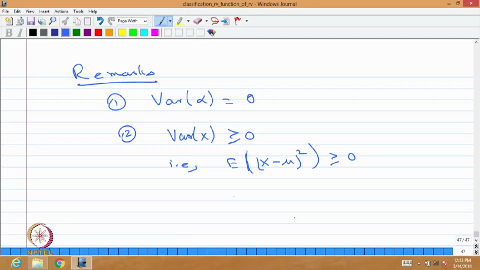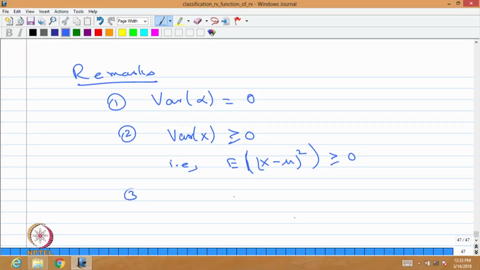You can combine remarks number 1 and 2 in the form of a third remark. If the probability that x takes a value alpha is equal to 1, that means it is a constant.